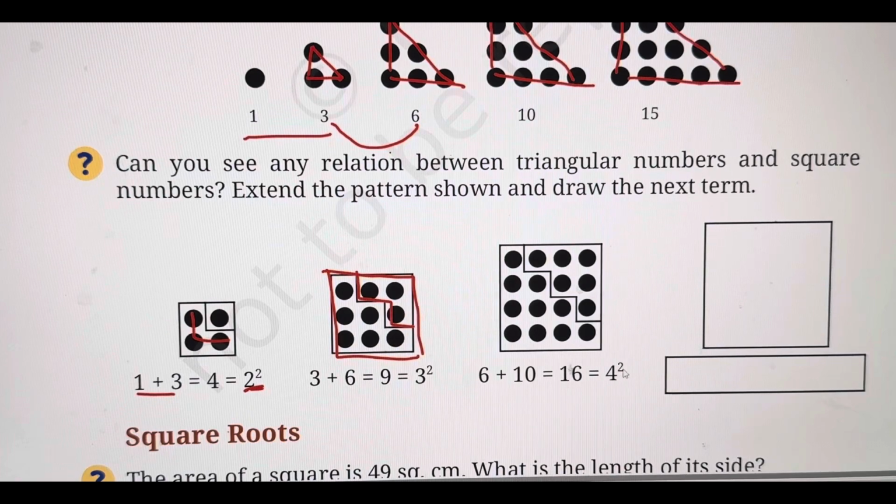Similarly, you can write down the next pattern. The next triangular number is 10, and 10 plus 15 gives you 25, which is square of 5.